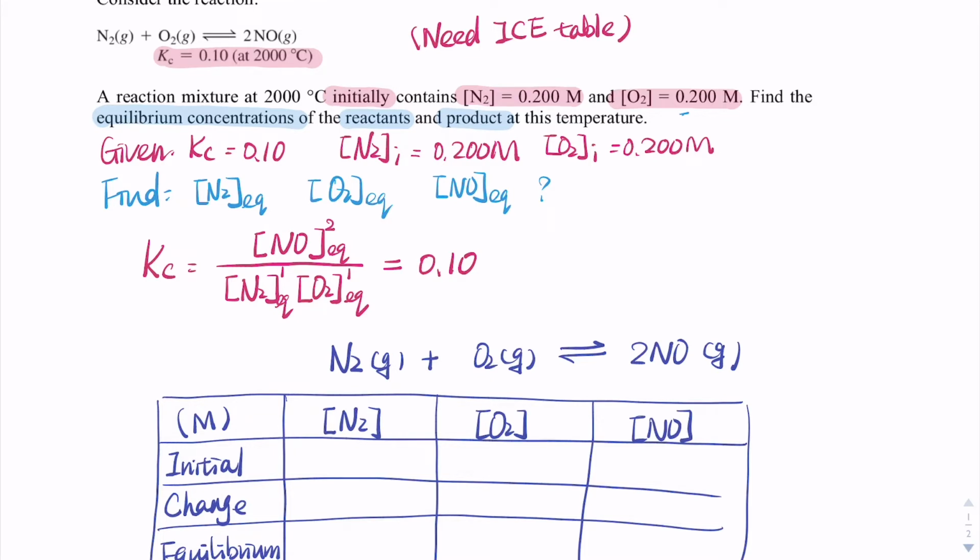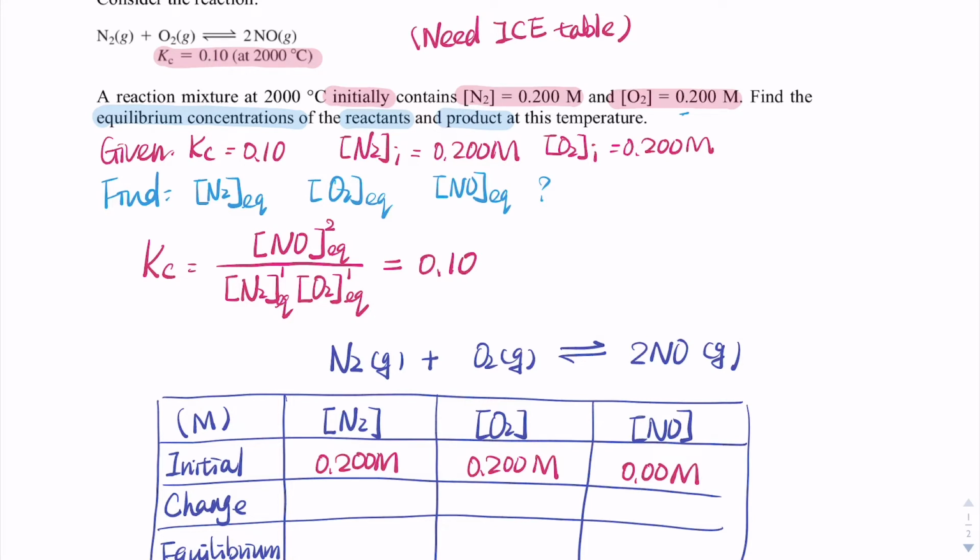Let's put in the information we already know. The initial concentration of N2 is 0.2, same for O2. And for nitrogen monoxide, it's going to be 0. It's actually implied, because initially you only have the reactants, you don't have any products, so that's 0. Those are the information we know, and the rest of the table we need to fill out.